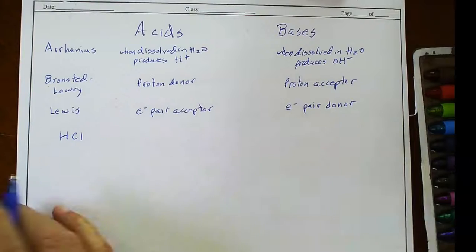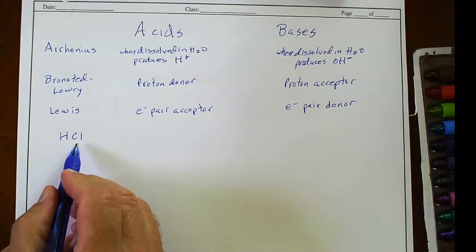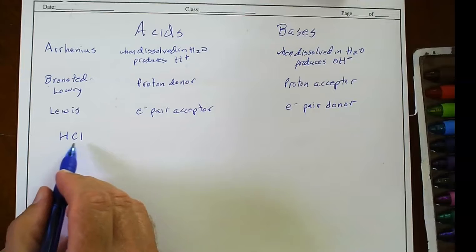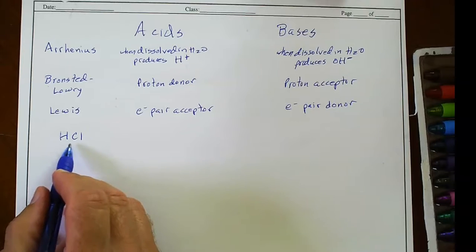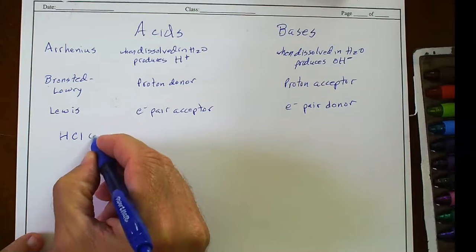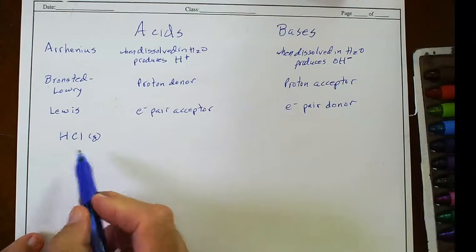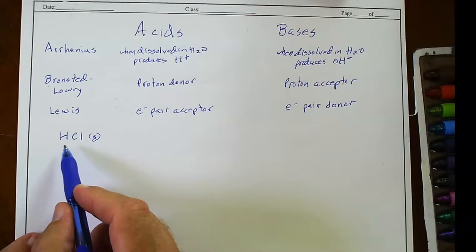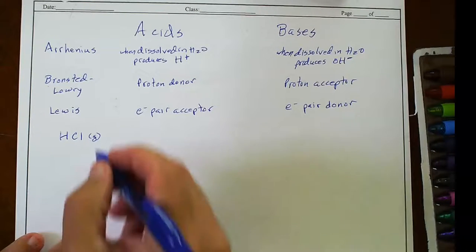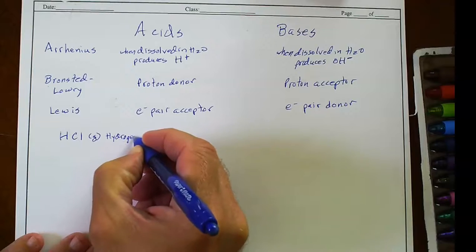HCl. Something I think I failed to mention about this earlier. Couple of options here. If you see this in the gas state, then the most appropriate name for this gas would be hydrogen chloride.